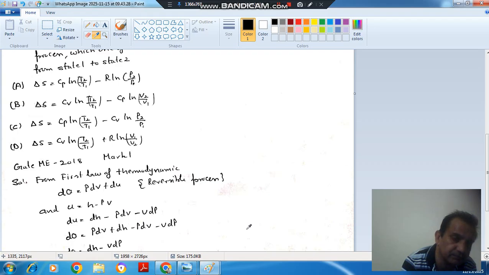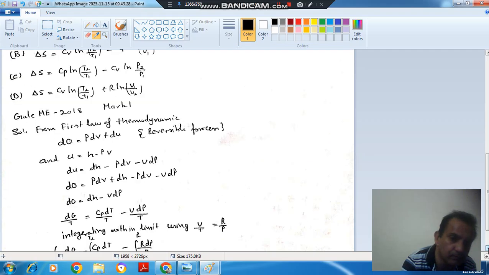So here, if we put the value of du, then it will be pdv plus dh minus pdv minus vdp, or dq will be equal to dh minus vdp. So if we divide it by T both sides, then we get dq by T, and dh is Cp dT, so Cp dT by T, and this will be your vdp by T.